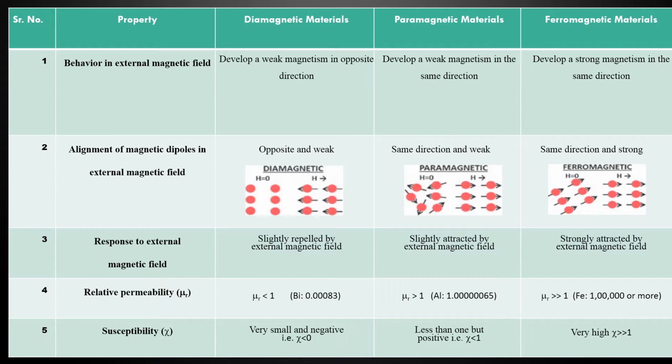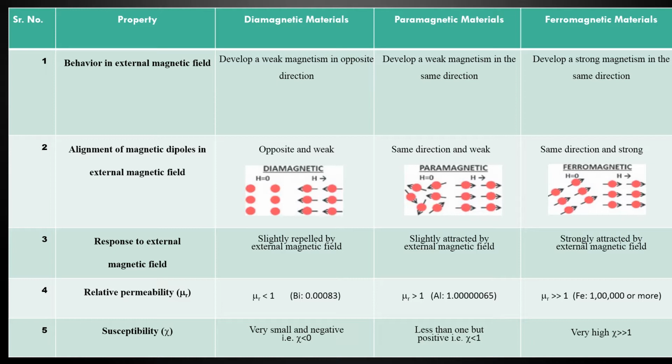Second point, alignment of magnetic dipoles in an external magnetic field. That means when we apply an external magnetic field, what is the effect on the magnetic dipoles present in that magnetic material? When we observe diamagnetic material, these magnetic dipoles move slightly in the opposite direction.